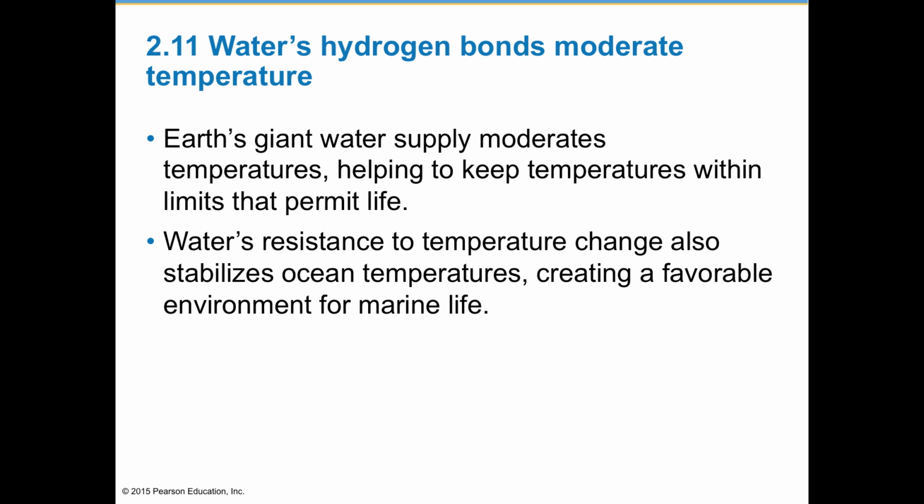Polar bears, we've seen on the news, are losing their ice and so forth. So you want to make sure you're keeping water at a temperature for that particular environment's life. If it's a cold environment, we want to keep the water cold. If it's a warmer environment, keep the water warm. Water resists temperature change. Also, it stabilizes ocean temperatures and creates a favorable environment for marine life.